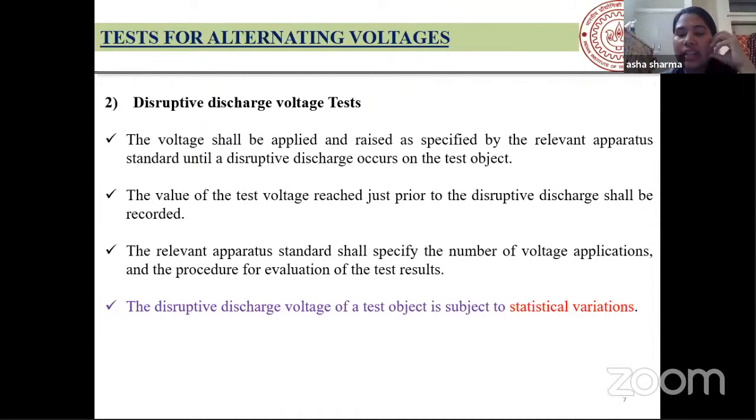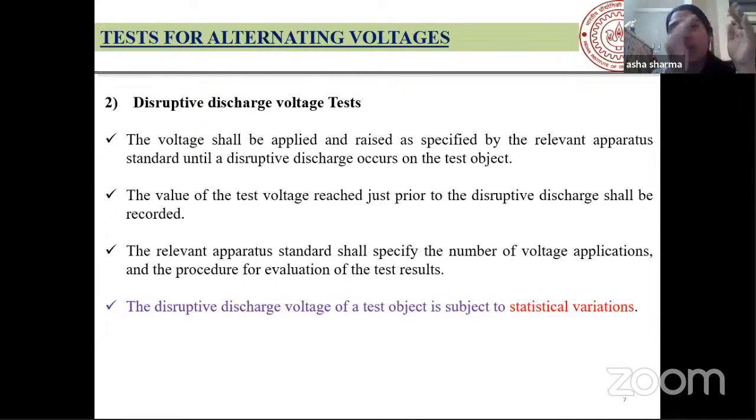So in the further slides, I have given some scope to define this statistical variation. What is the statistical variation? If I take one example, if we have 10 samples, then there is a probability that the first sample may fail at 100 hours, if we are doing the aging testing, but the 10th sample may fail at 1,000 hours.